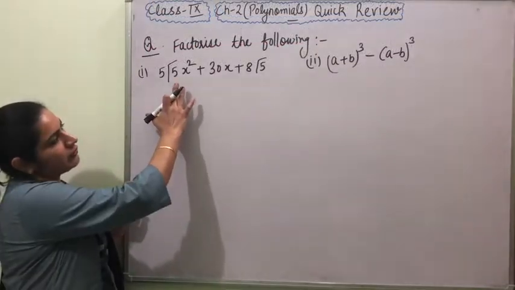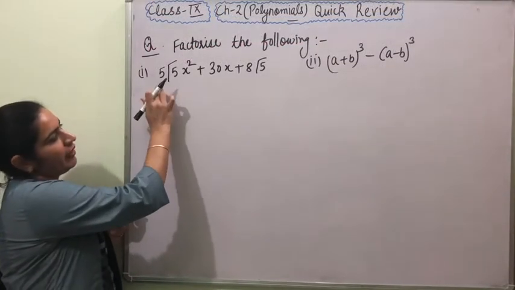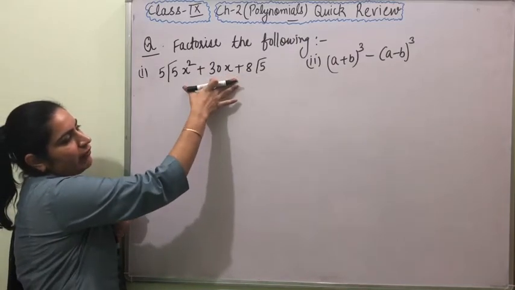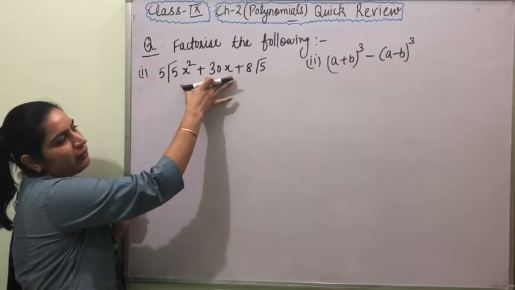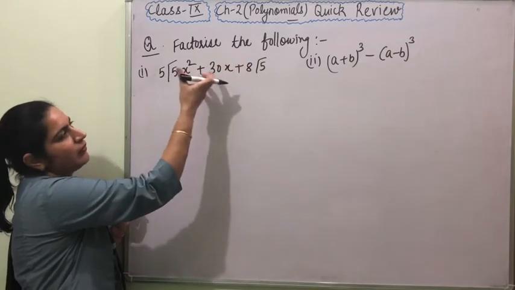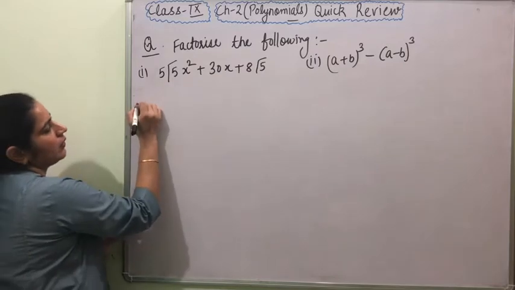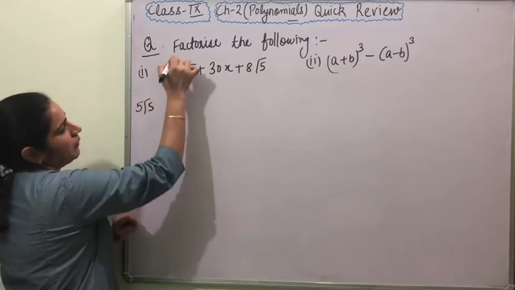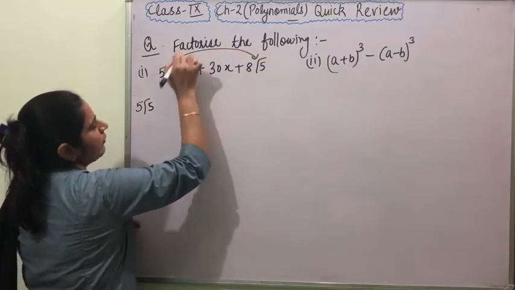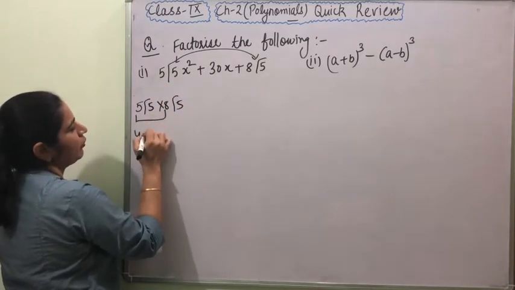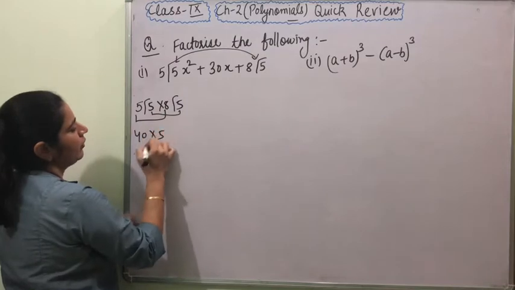Find out the factors of this polynomial: 5 root 5 x square plus 30x plus 8 root 5. We have to find the factors by splitting the middle term, because it is a quadratic, so we are able to find the factors. 5 root 5 multiplied by 8 root 5 is equal to 5 eights are 40, root 5 times root 5 is 5, so 200.